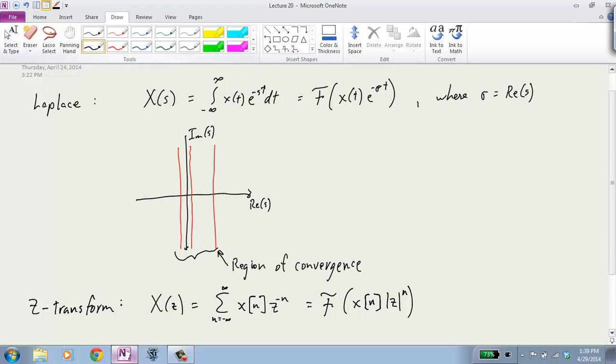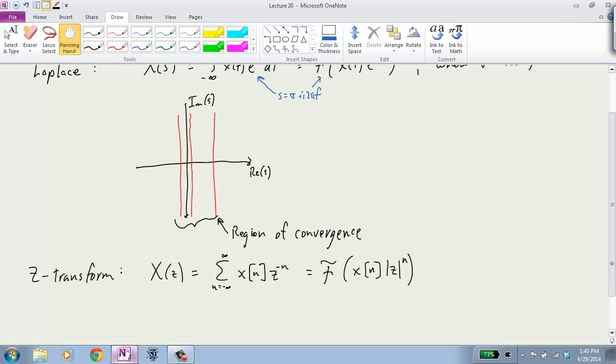What I mean by it's the Fourier transform of that, I mean if we substitute s equals sigma plus i 2 pi f, then we get this equivalence here. So if we let sigma be the real part of s, and we let 2 pi f be the imaginary part of s, then we just put sigma into this equation. We take a Fourier transform that gives us a function of f, which will correspond to the 2 pi f in s.